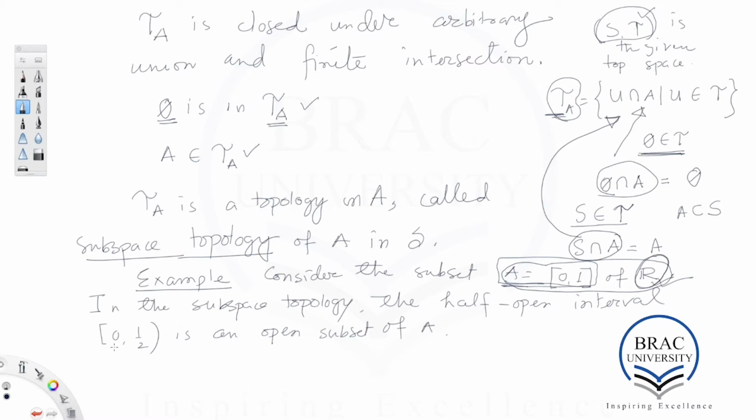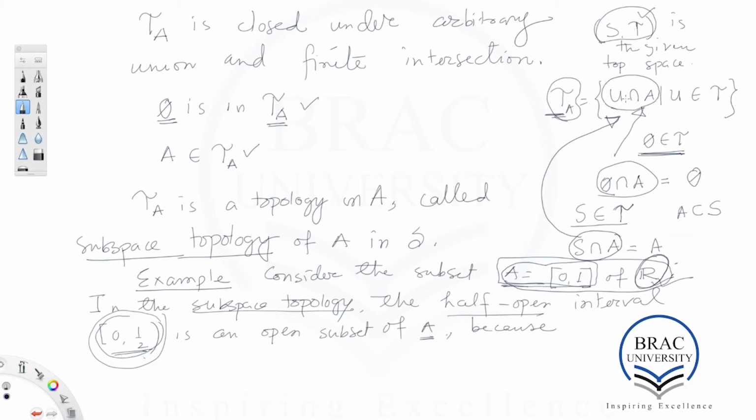You see that 0, 1/2 in R is not an open set. It's a half open interval. It's not an open set in R, but it's open in A with respect to the subspace topology. Why? Because you can put this guy in this form.